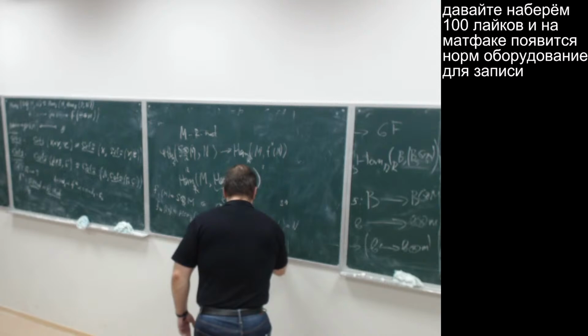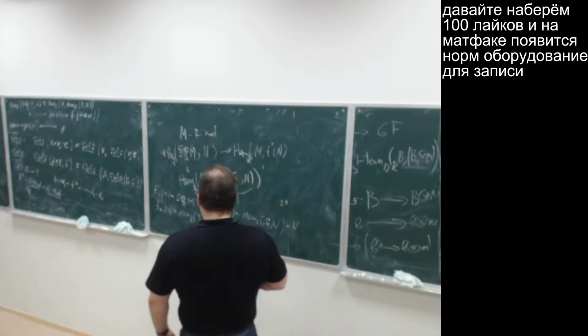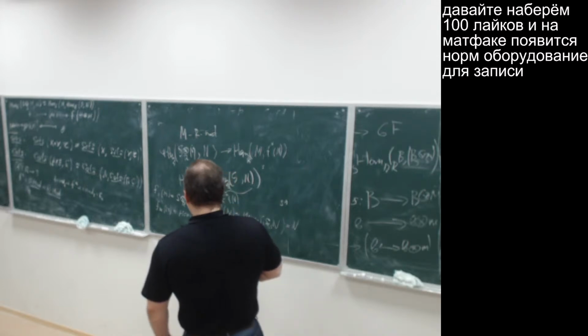M was an S module then, or what? Wait, I mean, F, M and N should be modules over different rings, right? But M was definitely an R module, from what I see. At least we assumed Homs as R modules. Ah, sorry, yeah.